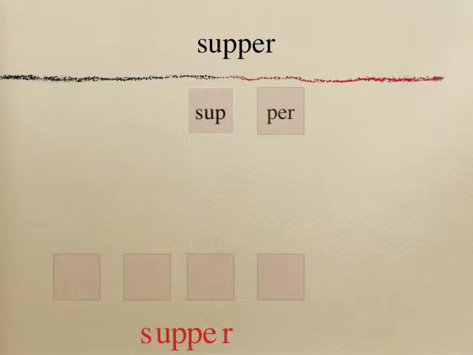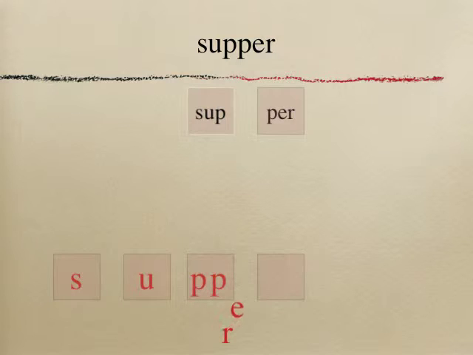So now keep that in mind when we go down below. We go, that's an S sound. Then we hear the short U sound. Now we know those two consonants are the same, so we're going to put them in the same box, sup. And notice we have two letters left, but just one box. This is an R-controlled vowel.